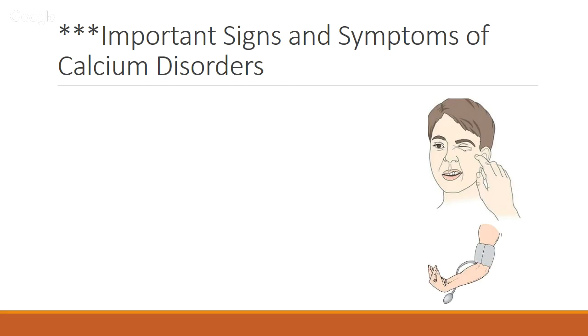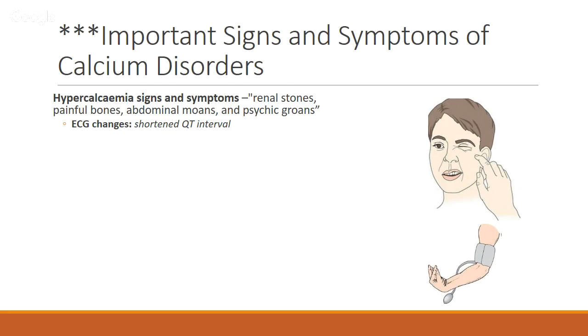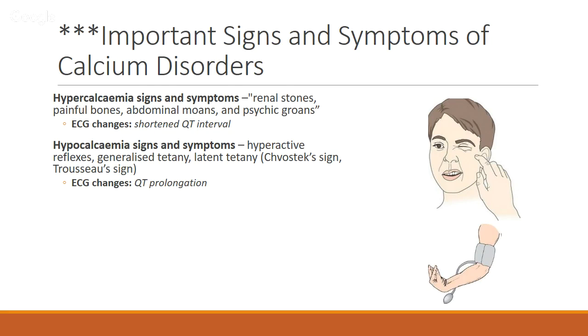Okay. So signs and symptoms of calcium disorders. So there's hypercalcemia or hypocalcemia. Hypercalcemia is going to be stones, bones, moans, groans. Have you guys heard of that? Okay, so it's very easy to remember. And hypocalcemia basically causes tetany, which is like increased spontaneous depolarization of cells, which causes involuntary muscle movements.